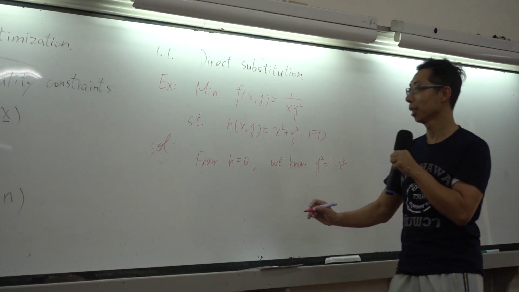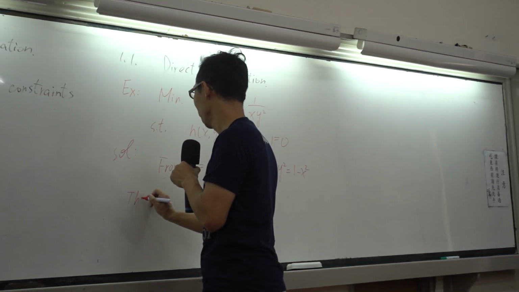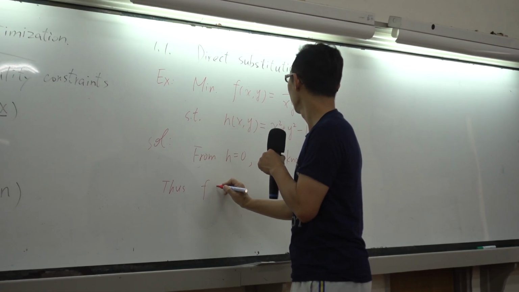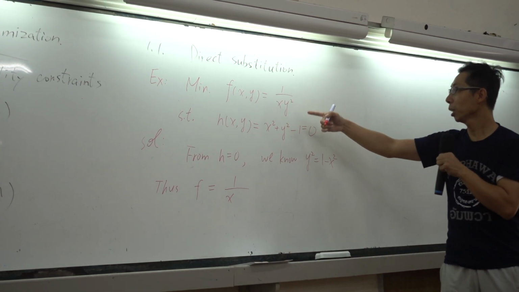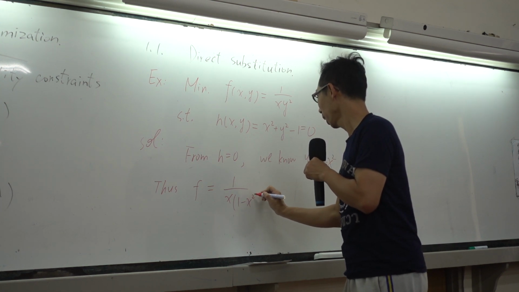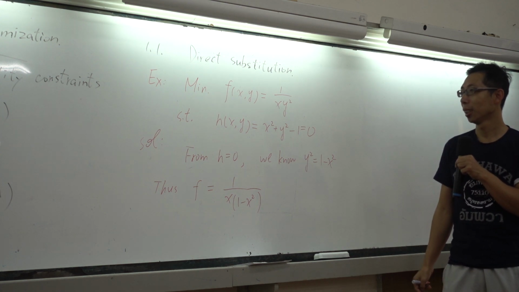So, the original problem f now becomes 1 divided by x, and what is y squared? Y squared is just like that, okay? Great.